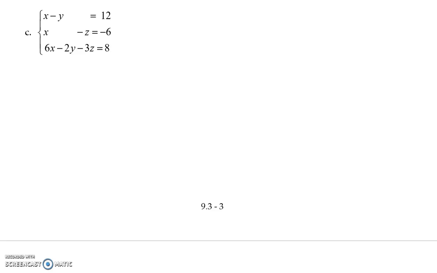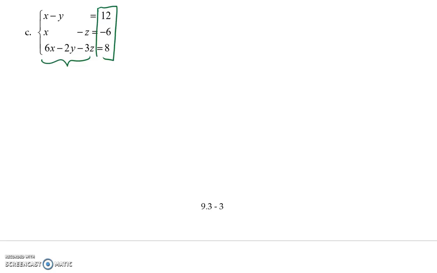So what that means is that the inverse matrix for this system is the same as the inverse matrix for the previous example. The only thing that's changed is that we have a different column matrix B, because the numbers to the right of the equal sign have changed, but the numbers over here are exactly the same.